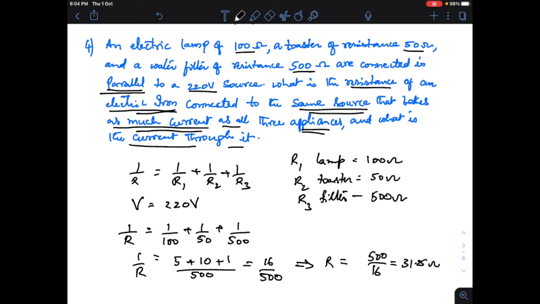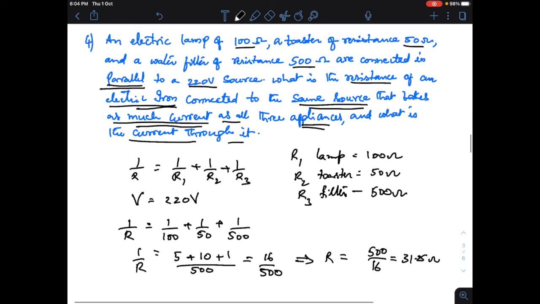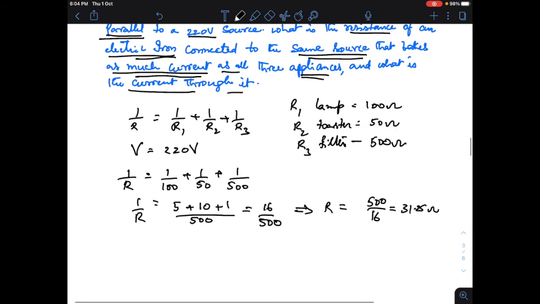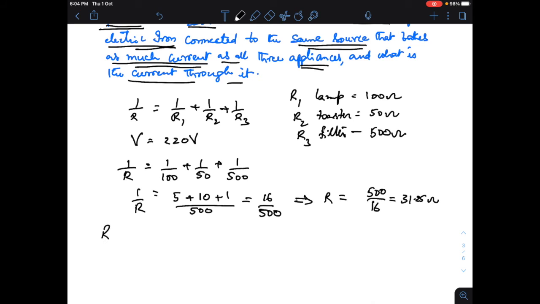So the 3 appliances, same source, and therefore the resistance of the electric iron will be the same, 31.25 ohms, because it is connected to the same source and draws the same current as there.